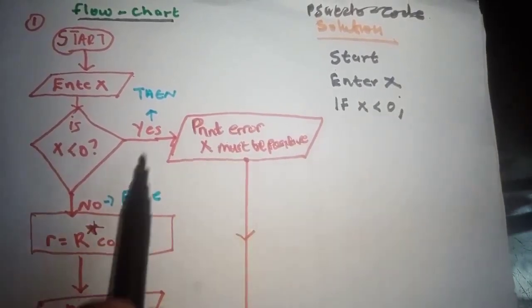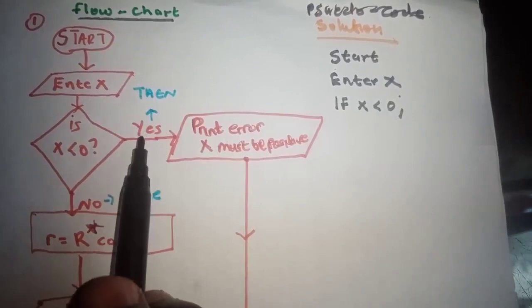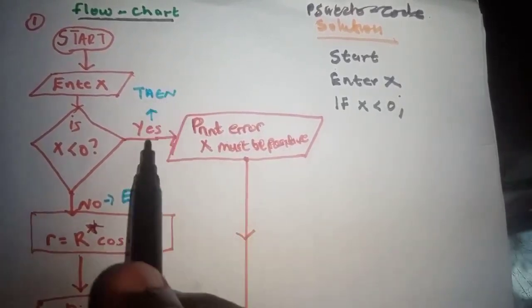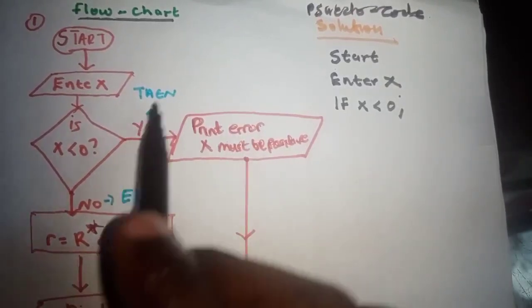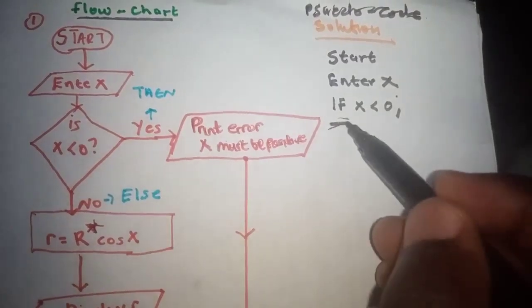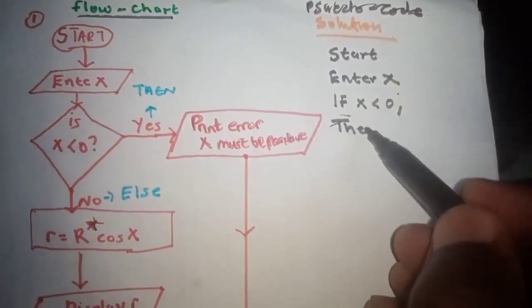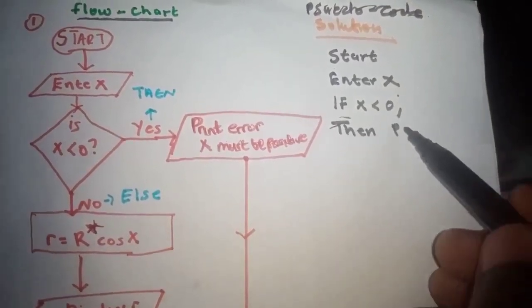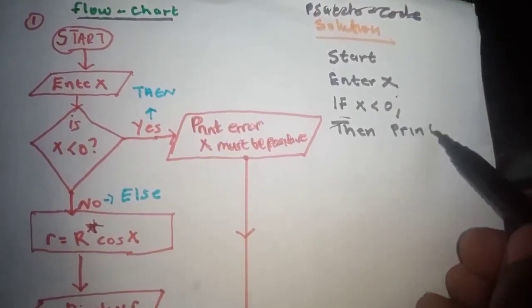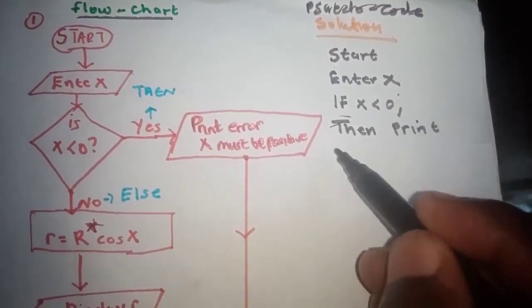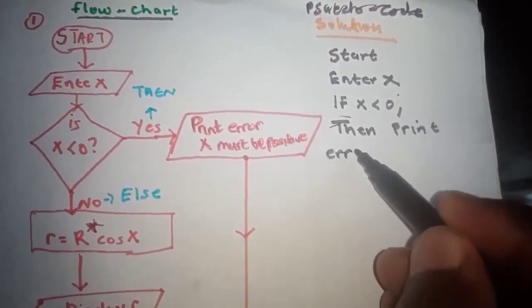Let's start with yes. Yes here, we're not going to write yes. Yes will change to then. So we're going to write here then print error.